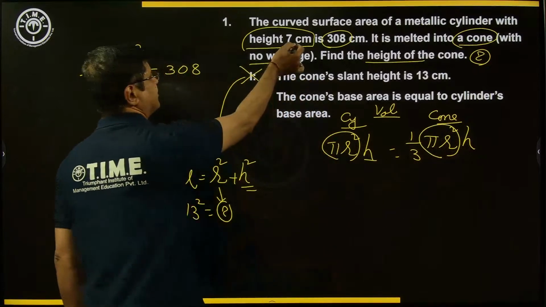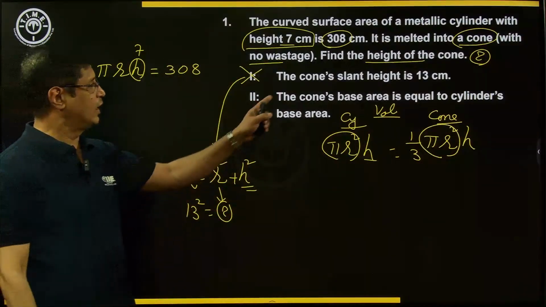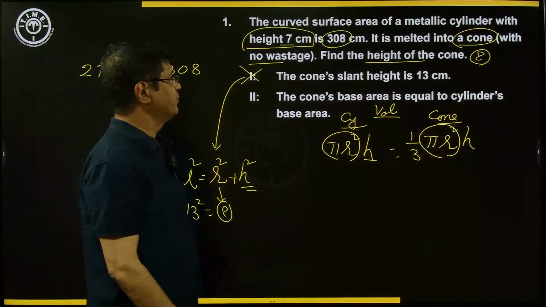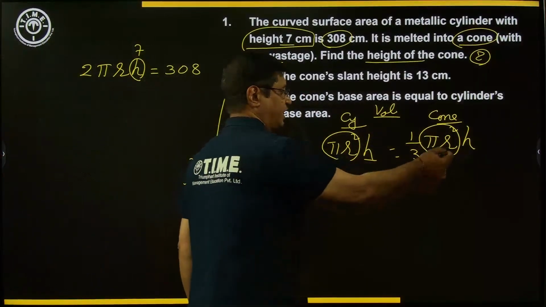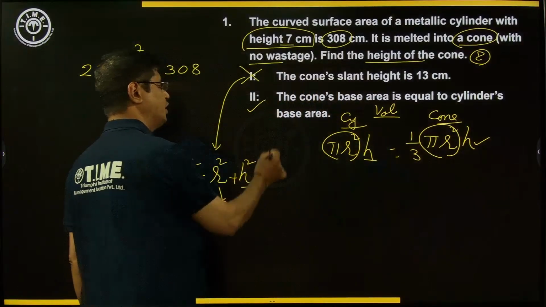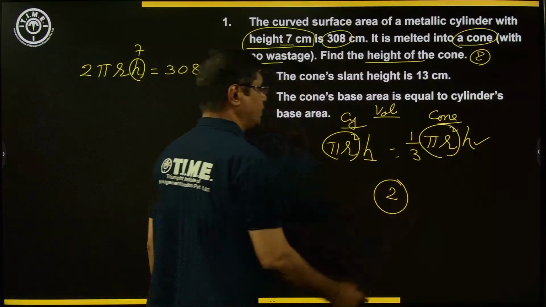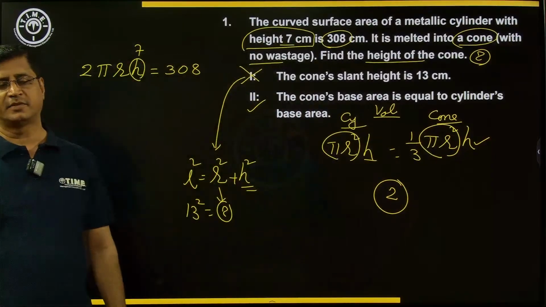Height is given as 7. Substitute, simplify, you will get the height of the cone. Cone height we can find with the help of statement 2 independently. So the right choice is option 2. The second choice is the right answer.